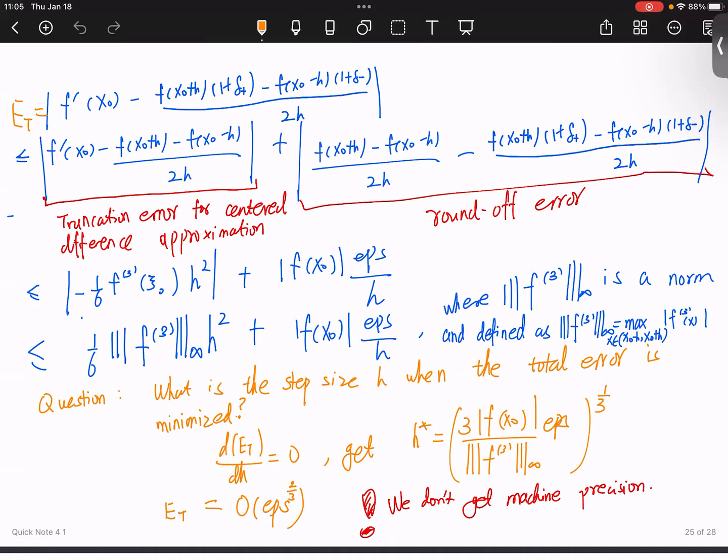We can find this third derivative with the maximum, which means the maximum on the interval. So this one is bounded by the maximum of the third derivative. We say this is the bound for the total error, and then we solve the minimization for this bound, and that gives the optimized step size.